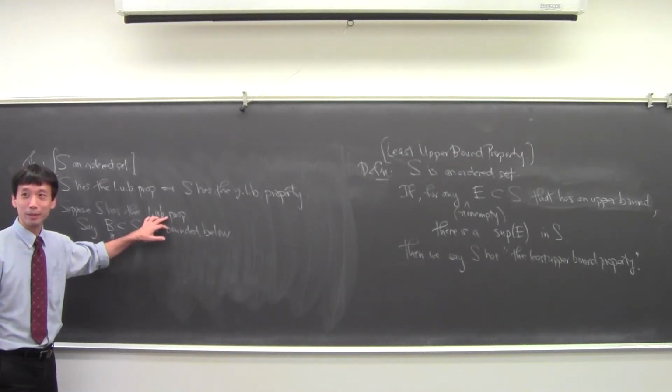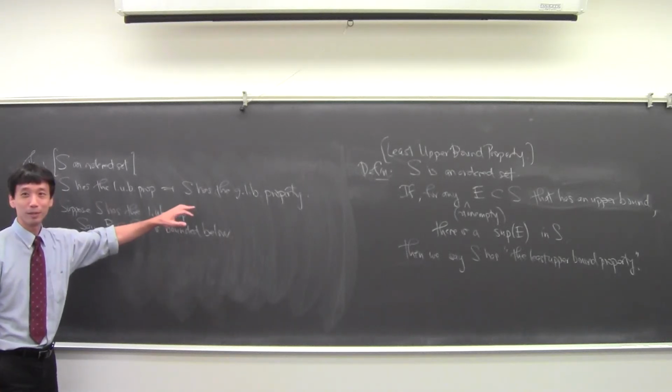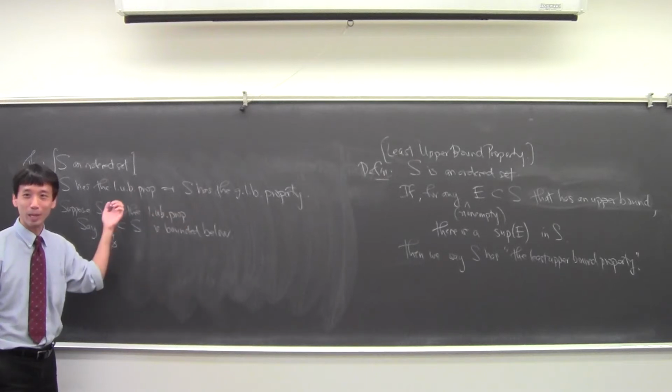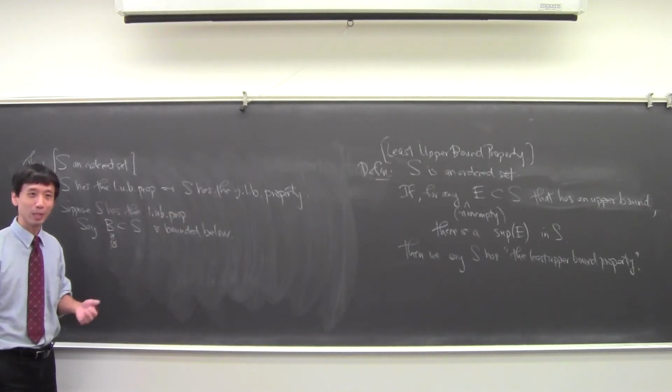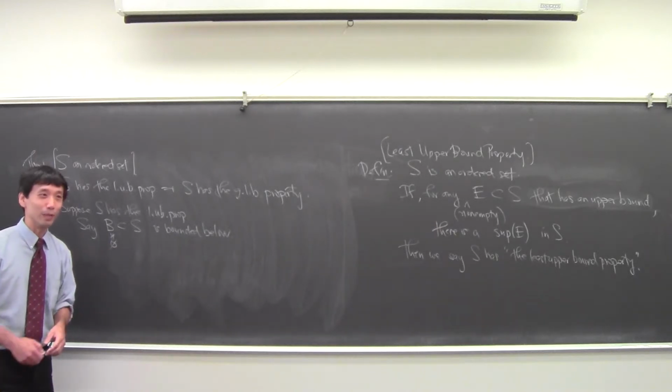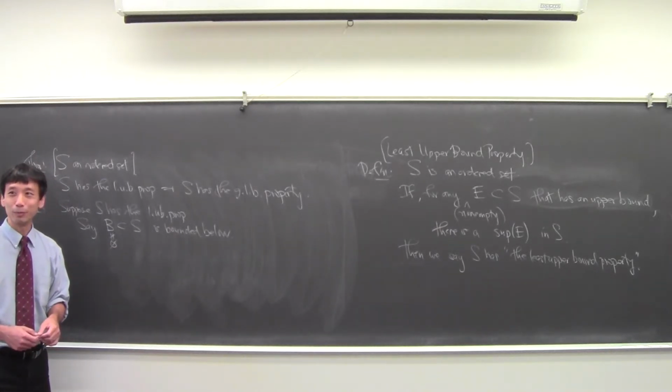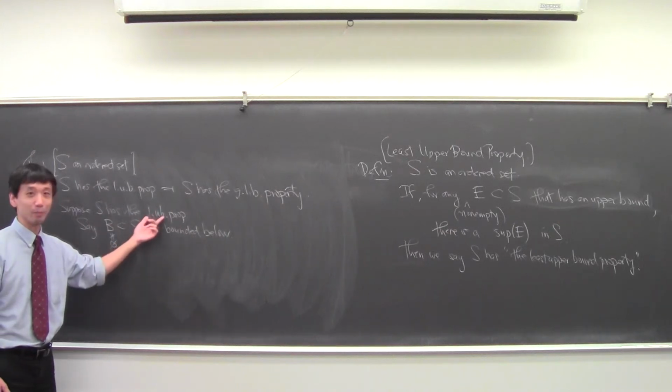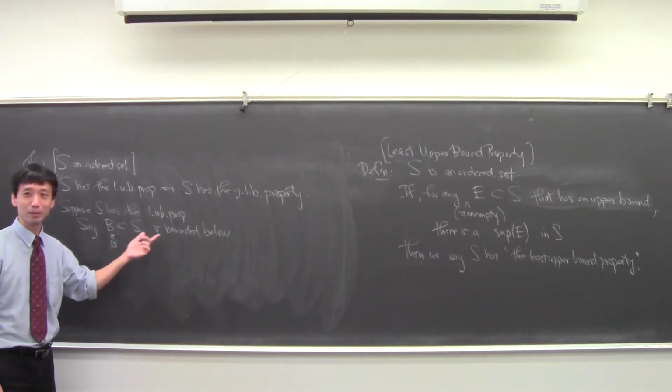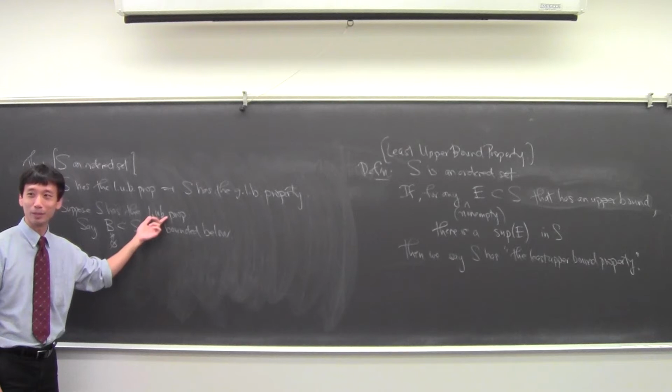Well, you can guess that this greatest lower bound is going to be the least upper bound of some set, right? What set? The set of lower bounds, yeah. It will be the least upper bound of the set of lower bounds. That will make it the greatest lower bound, right?